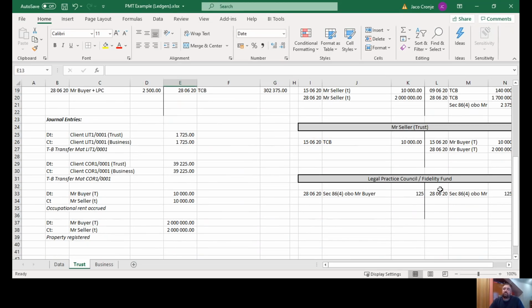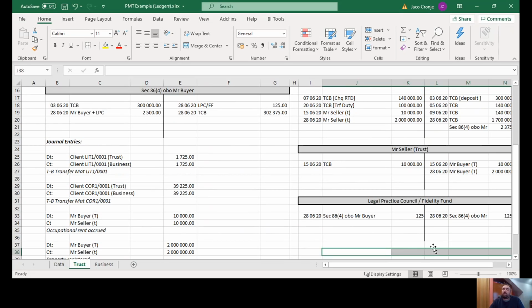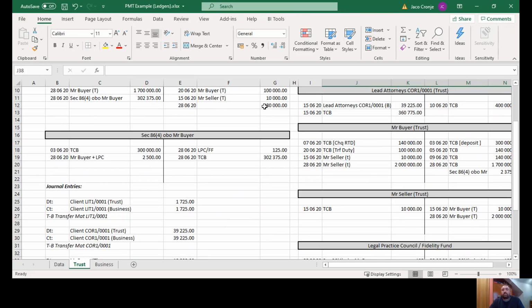Now again, please don't go and open up a T account for estate agent. There is no T account for estate agent. They are not linked to our trust at all. That 80,000 that we are paying out, we are using Mr. Seller's funds to pay that. We're paying it out on his behalf.